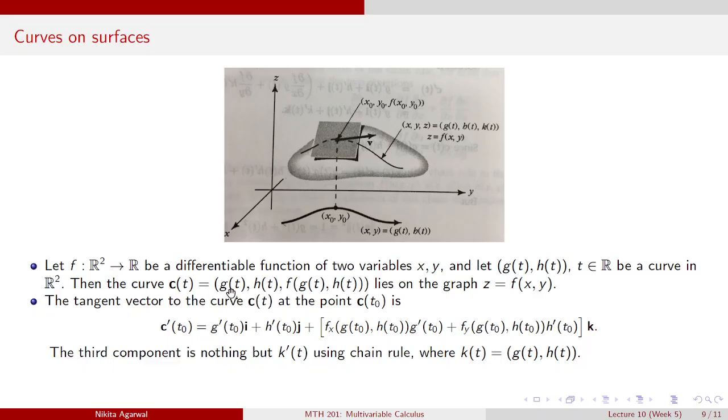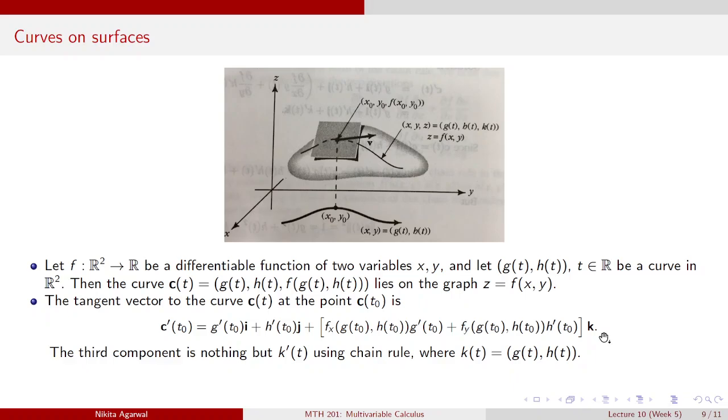So you get g prime t naught i, that's the i component, h prime t naught, that's the j component, plus now you want to differentiate this with respect to t, so you can use the chain rule. So it is the partial of f with respect to x times g prime t naught, where this partial derivative is evaluated at g(t naught), h(t naught), plus the partial of f with respect to y evaluated at g(t naught), h(t naught), times h prime t naught.